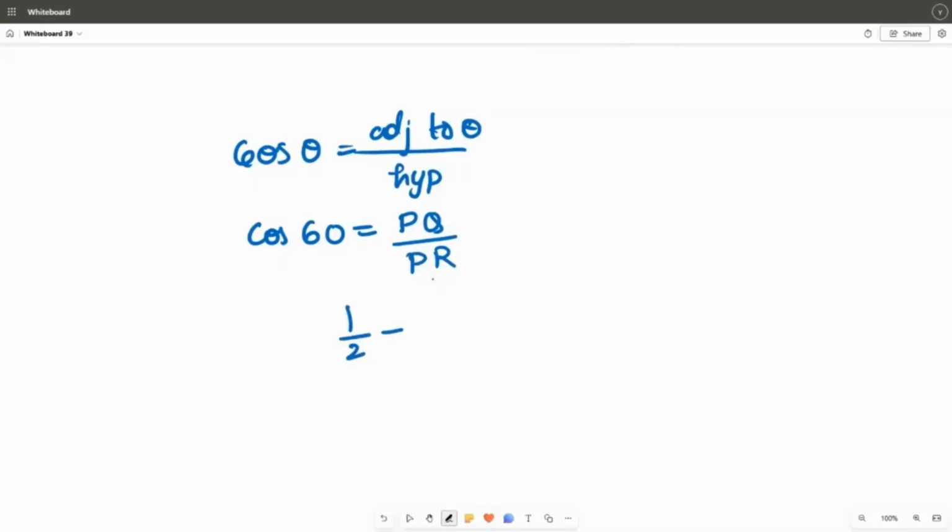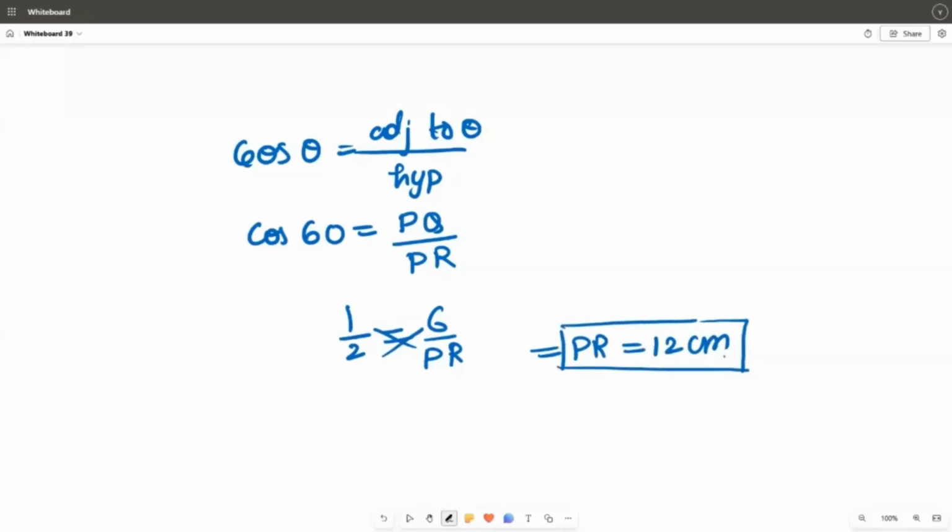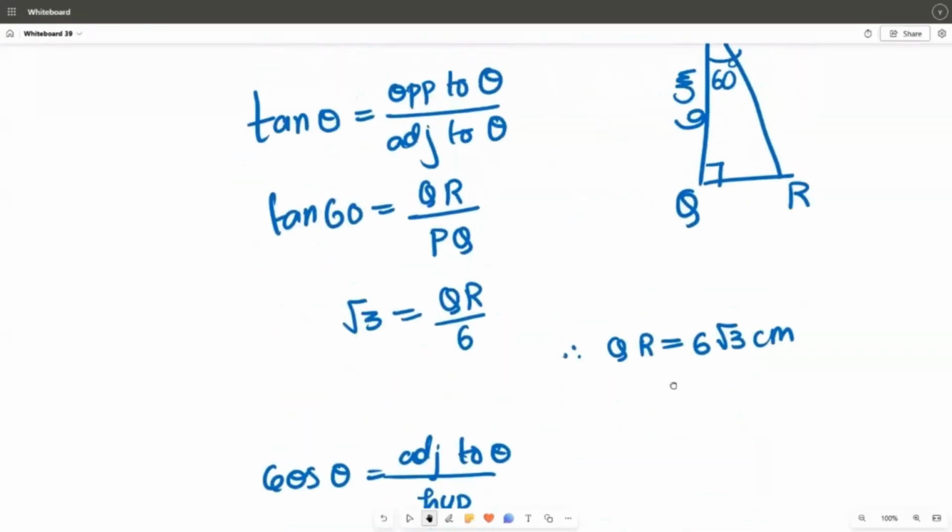So 1 by 2 is equal to PQ, and we know the value of PQ, which is equal to 6, over PR. If we cross multiply on both sides, we get the value of PR, which is equal to 12 centimeters. So that's how we find the lengths of PR and QR.